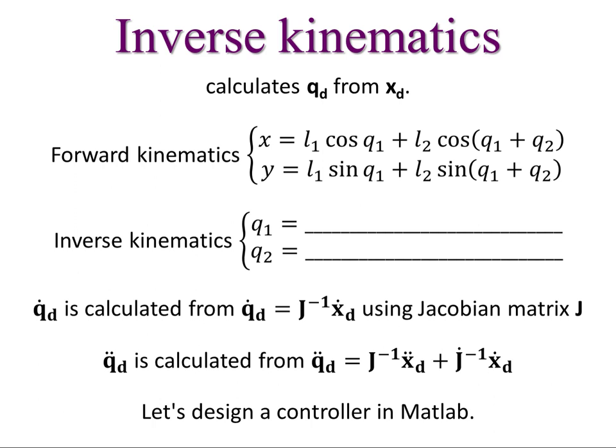The desired hand trajectory should be set so that the hand moves in a circle. Let's display simulation results of the actual hand position and the desired hand position on the same graph, and check whether the robot hand follows the desired hand trajectory. So let's take a moment and create a simulation.